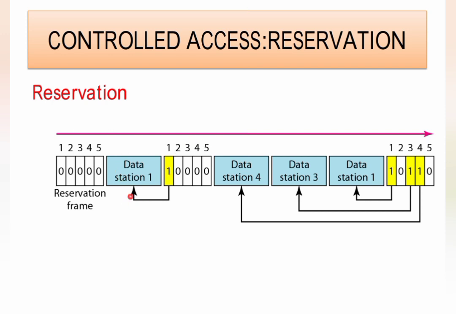Station 1 is going to transmit data in time interval 1, station 4 is going to transmit in time interval 4, and station 3 is going to transmit in time interval 3. Station 1 is going to transmit in interval 4. In this manner the station books or reserves a particular time interval to transmit data.